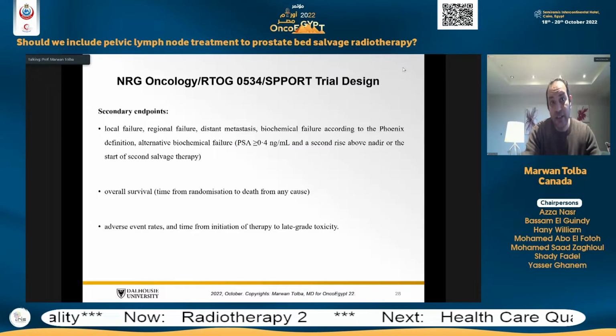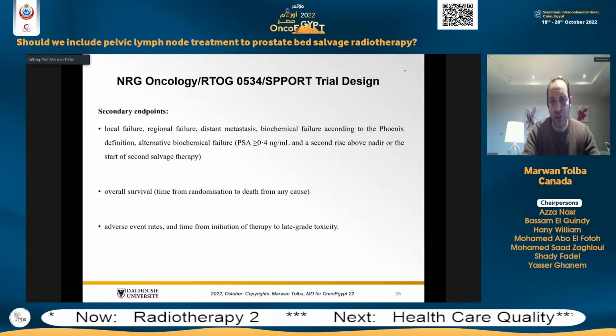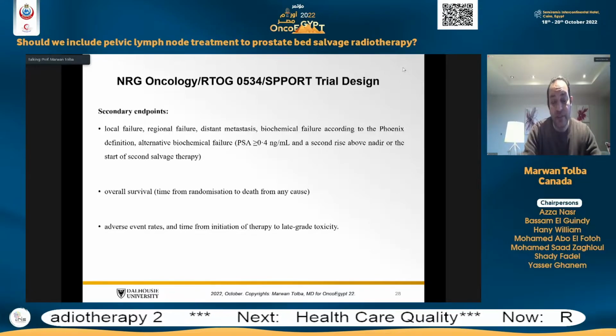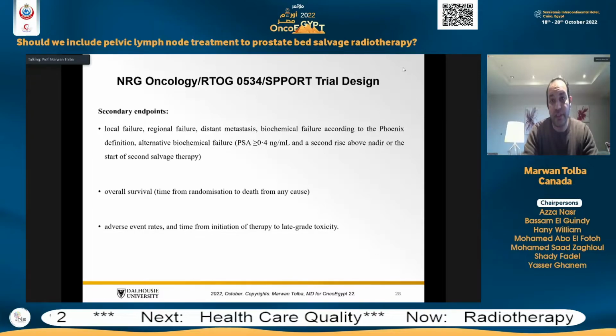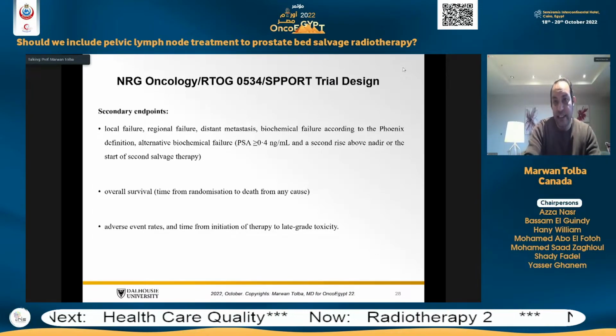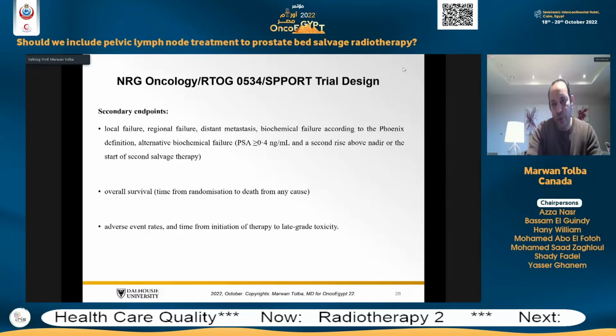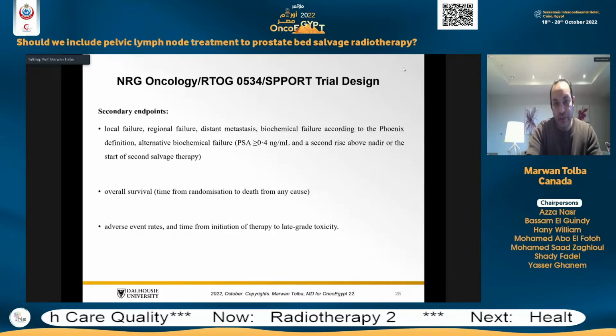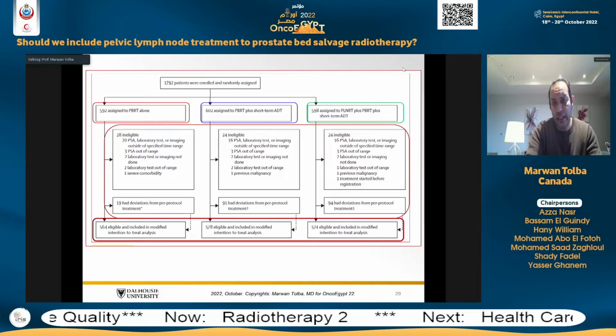And the secondary endpoints were local failure, regional failure, any failure, overall survival and adverse events. Actually, they also used an alternative definition of failure if PSA reached or exceeded 0.4 after the treatment. They randomized the patients in balanced 3 arms.